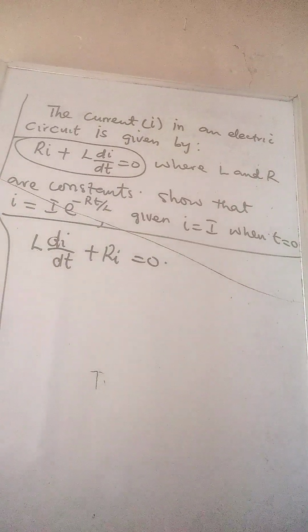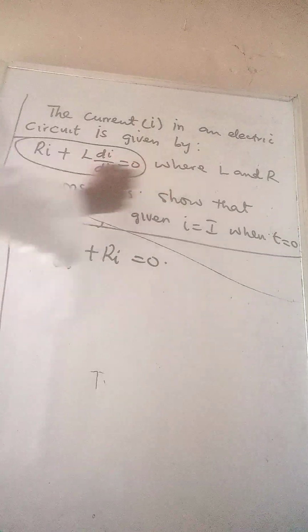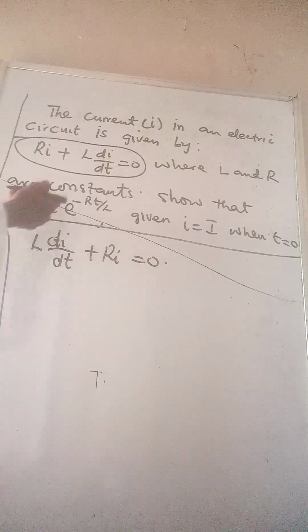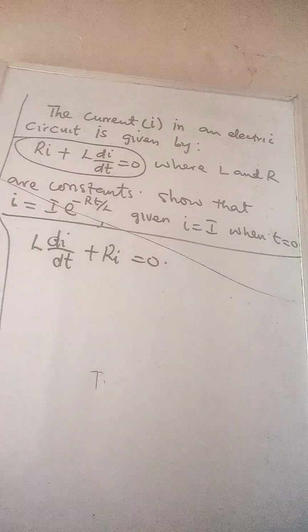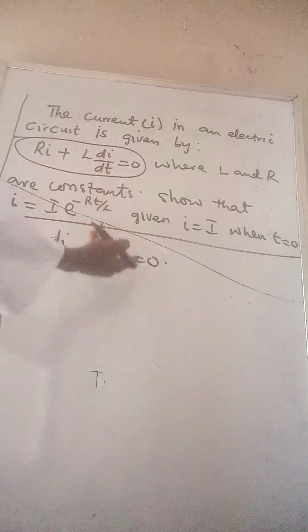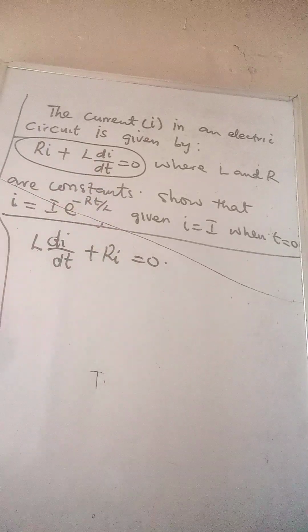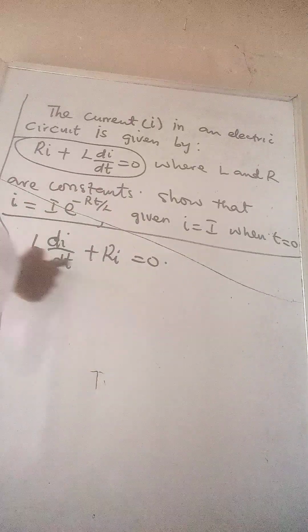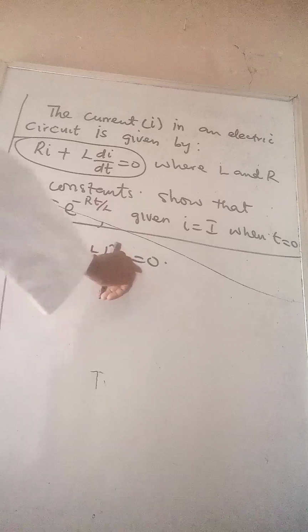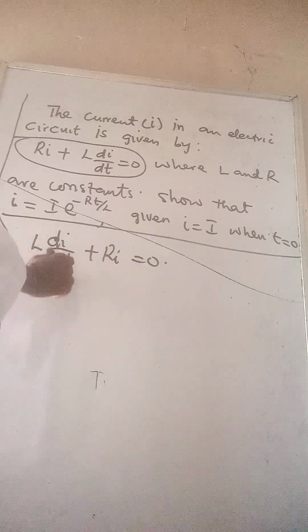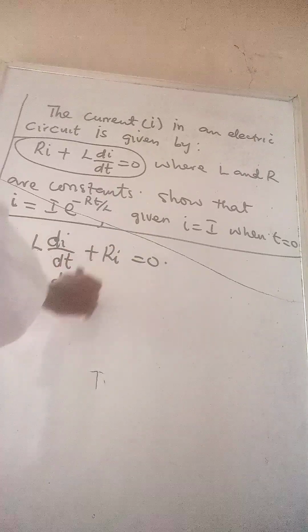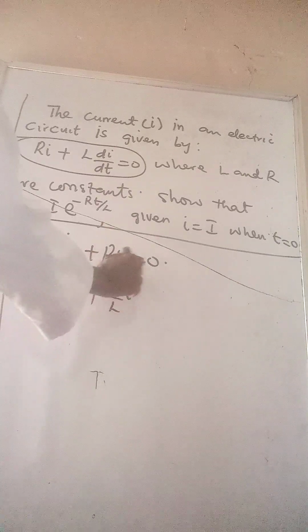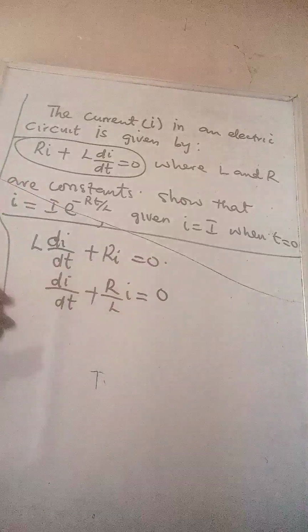Now, we are asked to show, that means we want to prove that current small i is equal to capital I multiplied by exponential negative Rt over L. From here, in order to make it look like a linear differential equation, I'm going to divide through by L. So dividing through by L, this L will cancel out here. I have di/dt plus, that same L will divide out, R over L times i equals 0, because 0 over L is 0.